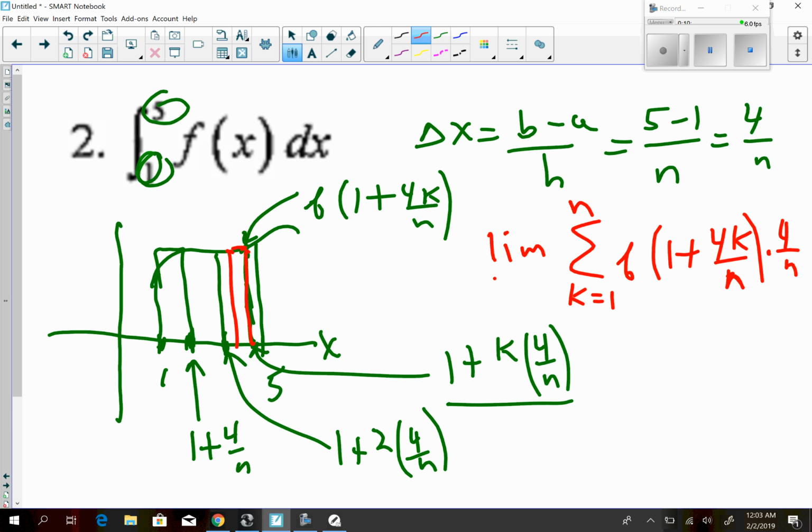N means how many rectangles there are. We'll make that get as big as we can. Infinitely many rectangles will make them very, very skinny. So what's written in here in red is equal to this definite integral. The limit of this sum as n approaches infinity means the same thing as this integral.